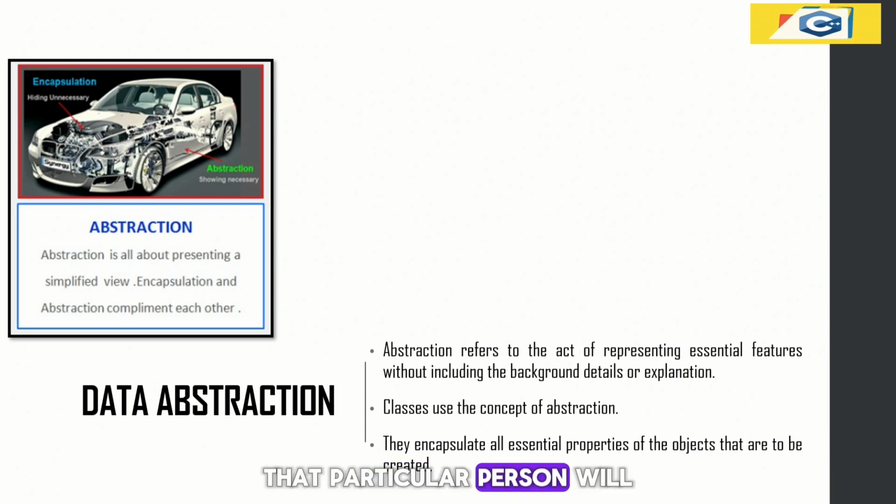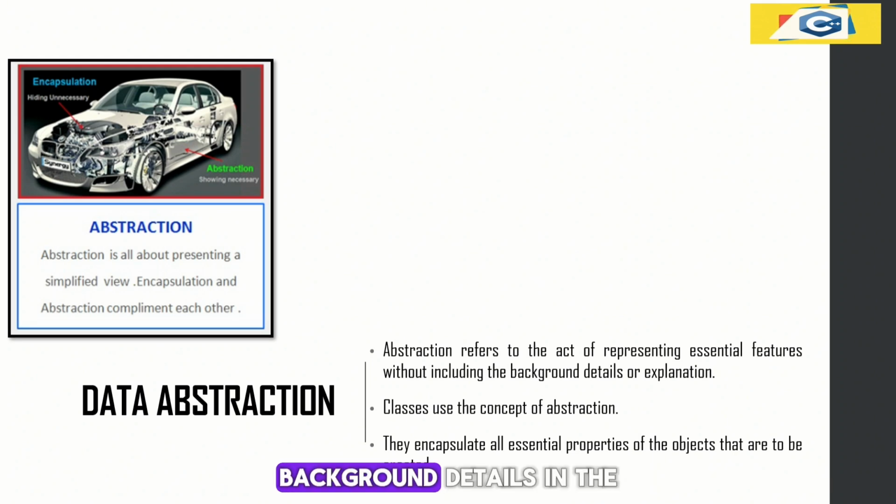That particular person will just do his or her job, but that person is not willing to know about the background details. Background details in the sense, the user interface on which the billing counter person is working.